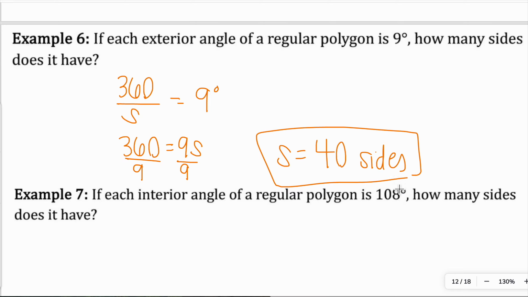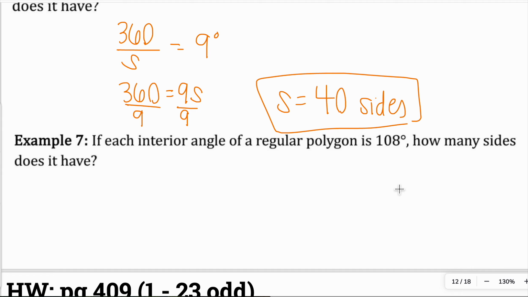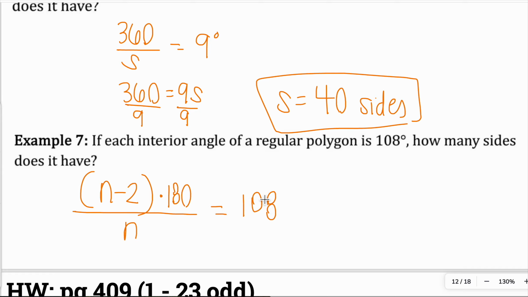Okay. The last one, example number 7. If each interior angle of a regular polygon is 108 degrees, how many sides does it have? We don't know the number of sides, but what we do know is that if we take n minus 2 times 180 and divide it by the number of sides, that's going to be equal to 108 for each interior angle.